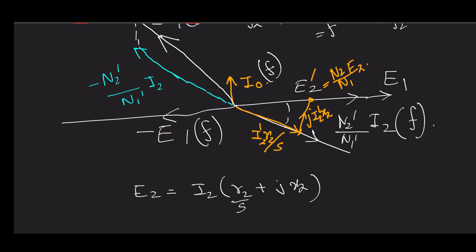So this E2 dash is also equal to E1. I just need to draw it to scale, so it will give you E2 dash, sorry, this E2 dash is equal to E1, and therefore that minus E1.